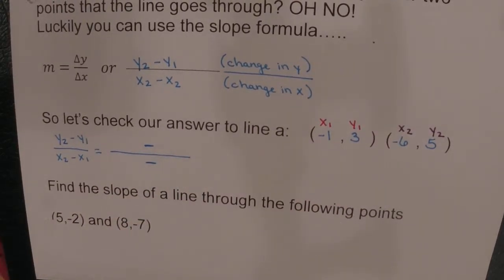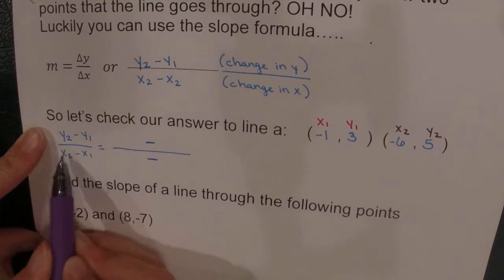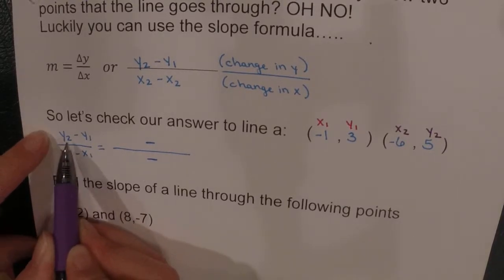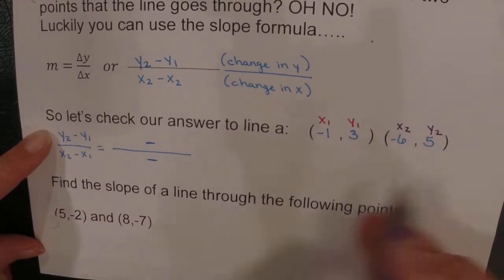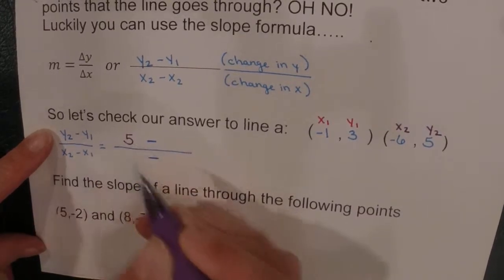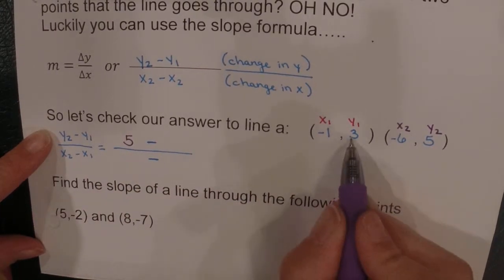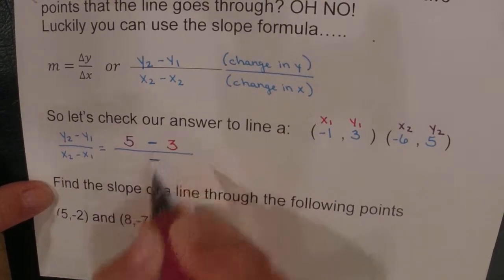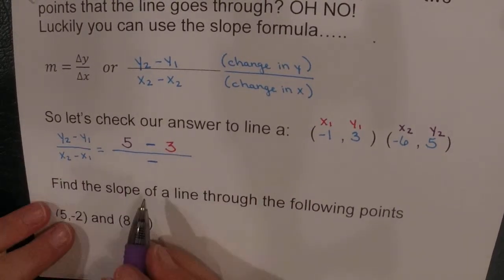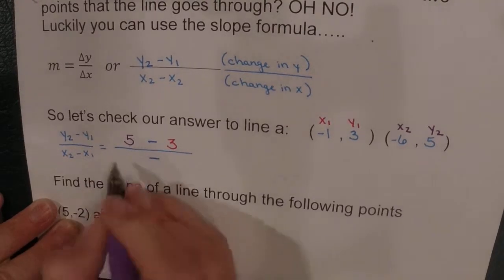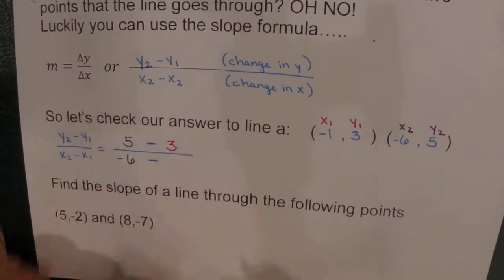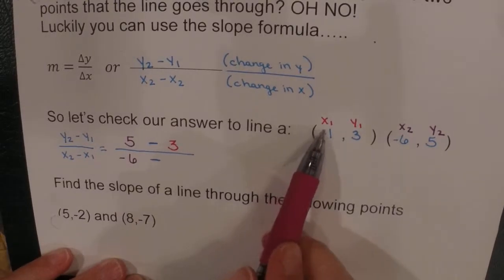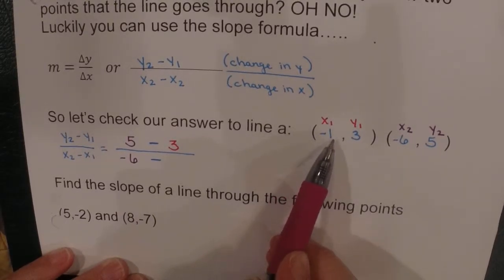So as we set this up, my 2's should both be purple. So my y2 value was 5, and my y1 value was 3. Then my x2 value was -6, and my x1 value is -1.